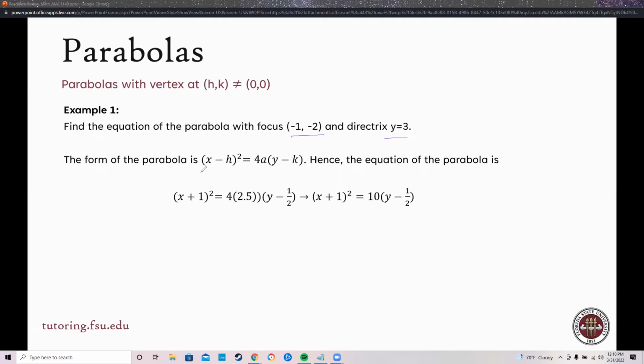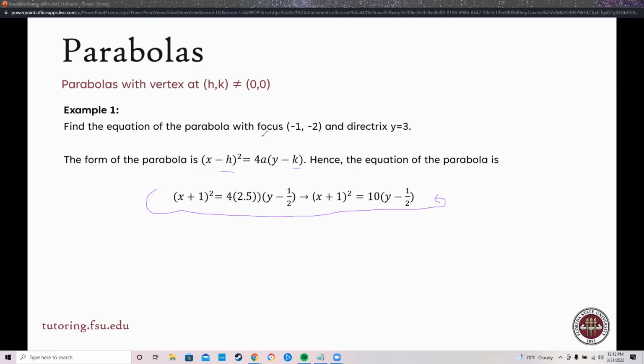This is the general form of the equation for a parabola that you would use, recalling which is h and which is k. So after being able to identify what your h and k is, then it's a matter of plugging it into your equation for the parabola.